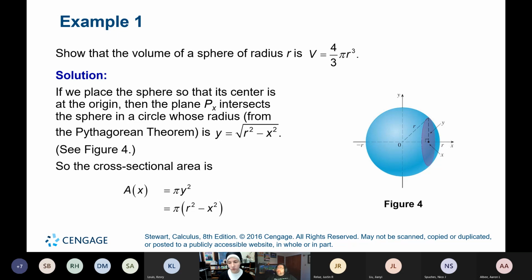The radius of my circle, if we know the specific point on it, we use the Pythagorean theorem. So y equals the square root of r squared minus x squared. That's going to give me the radius of the disk, because I don't really want the radius of the sphere. I want the radius of the disk that I'm looking at. So that's why we're looking at that y value right there.